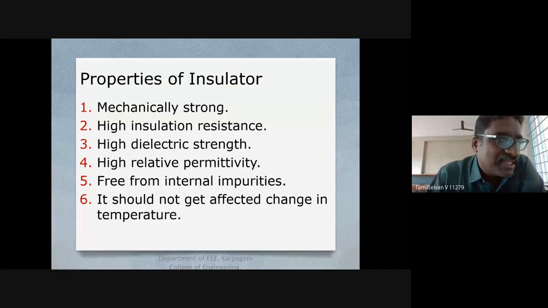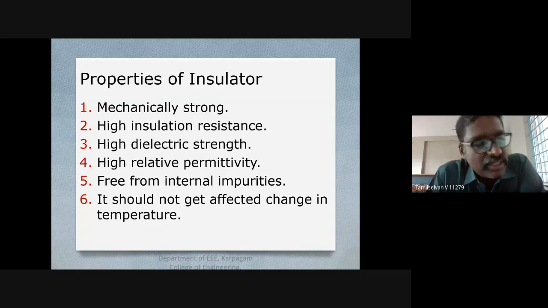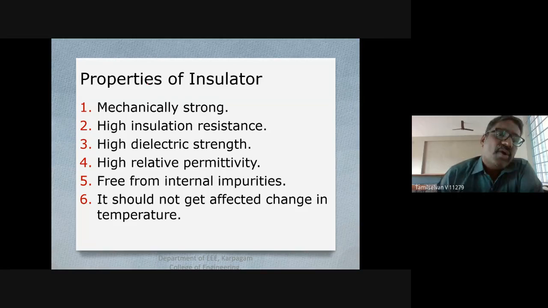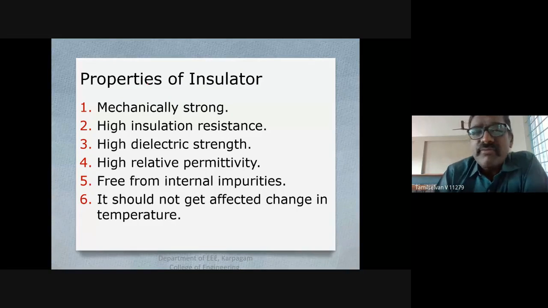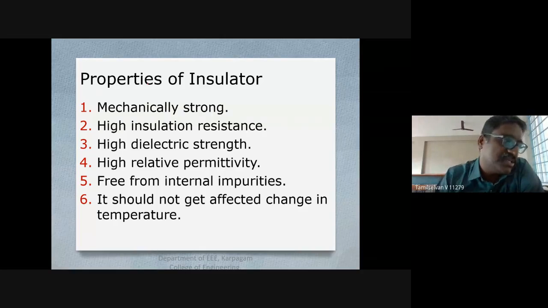That's why this material is strong, mechanically stronger than glass, and gives less trouble from leakage current. The effect of temperature change is also very small. So all the insulators used in our transmission line are porcelain insulators.